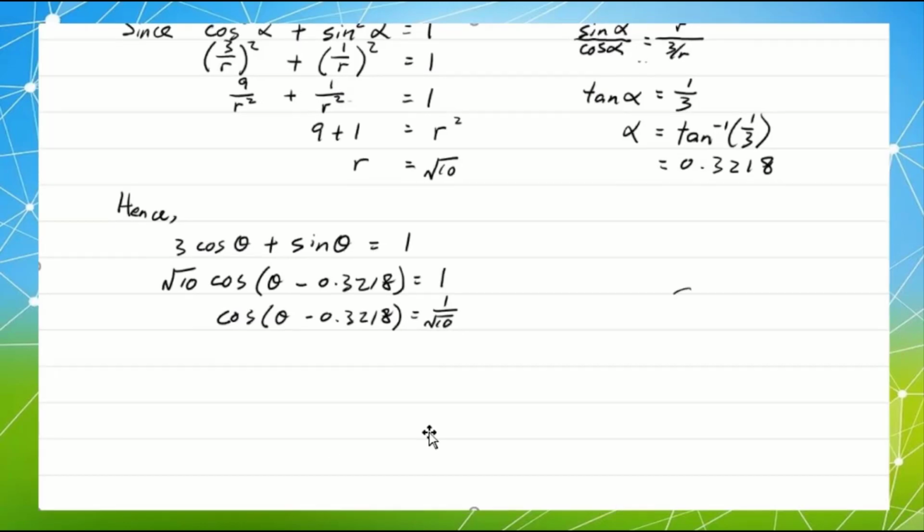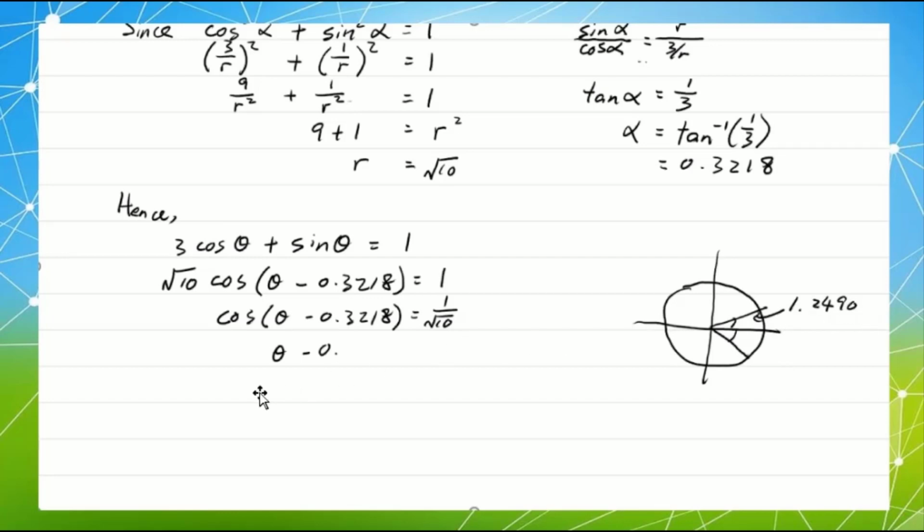Because 1 over square root of 10 is a positive value, it means for arc cos we need to take the first quadrant and the fourth quadrant. For the first quadrant, when we press the calculator, arc cos of 1 over square root of 10 is 1.2491. So after we press the arc cos, we get theta minus 0.3218.